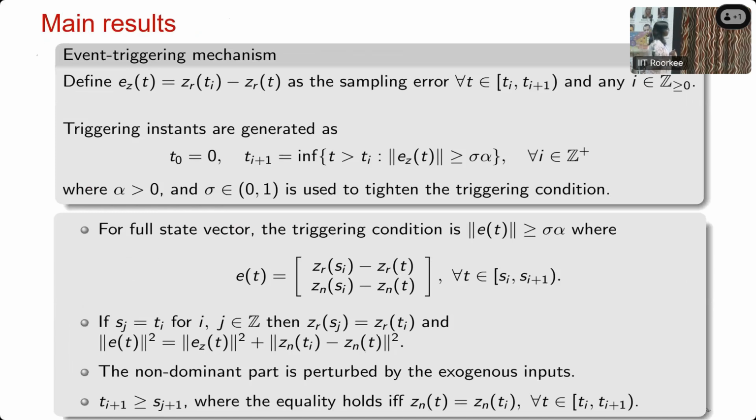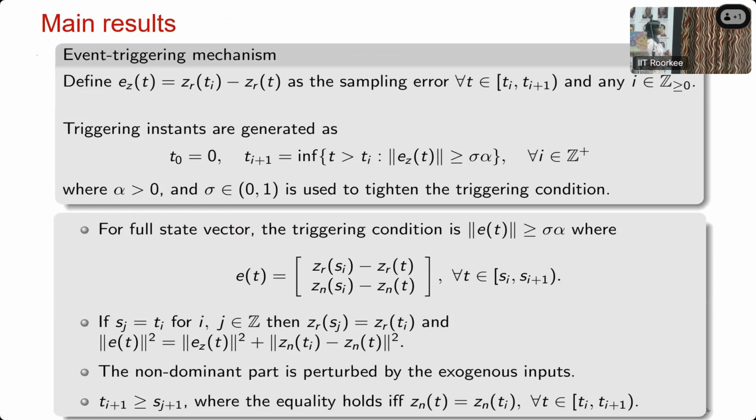You can note this relationship. It can be seen very easily that the norm of E_T squared will be the norm of this vector plus the norm of this, and the norm of this will be nothing but the norm of Ez squared. So this is what is written over here, using the norm property.